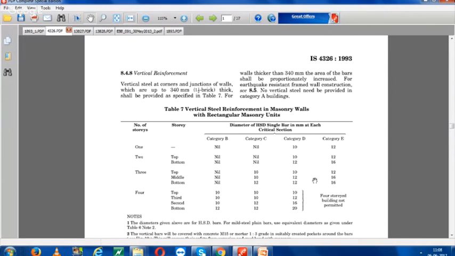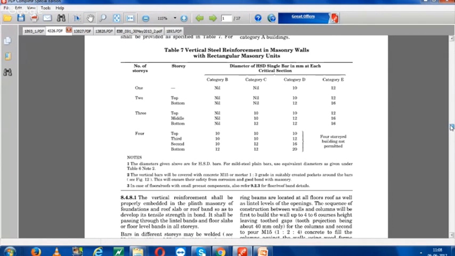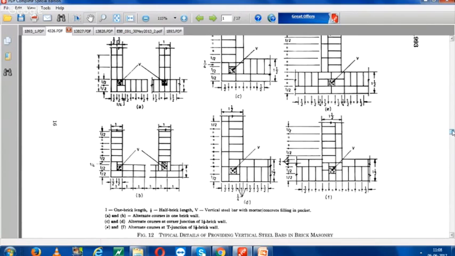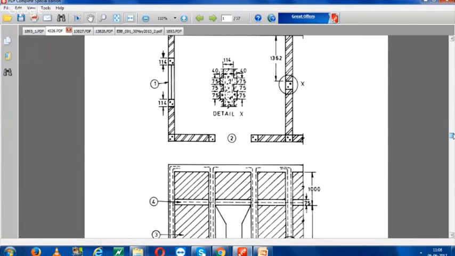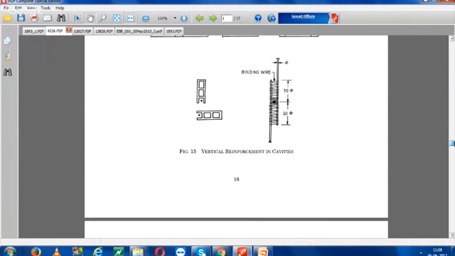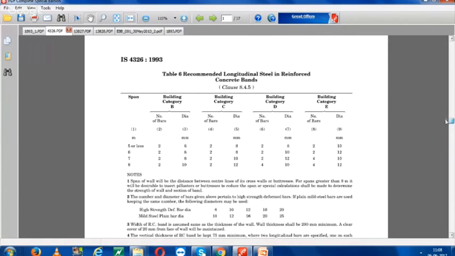So sometimes you need to provide 4 bars also in case of horizontal bands. So it depends upon the design of the masonry building. So here all the design is given. So I think everything is clear.